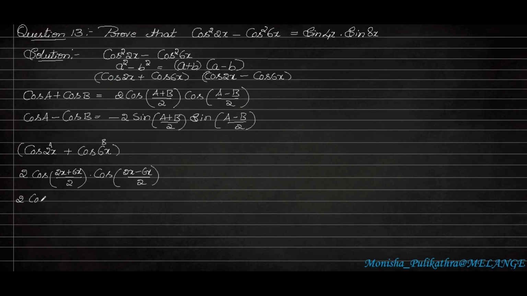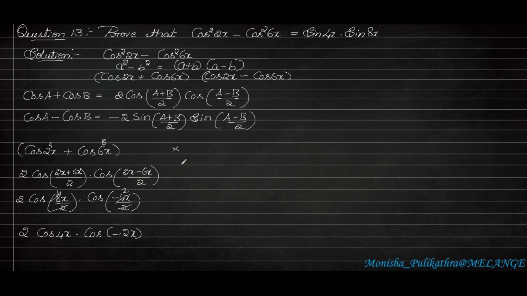So here it will be 2 cos 2x plus 6x is 8x divided by 2 into cos minus 4x divided by 2. So here 2 4s are, here 2 2s are. So we will get 2 cos 4x into cos minus 2x.